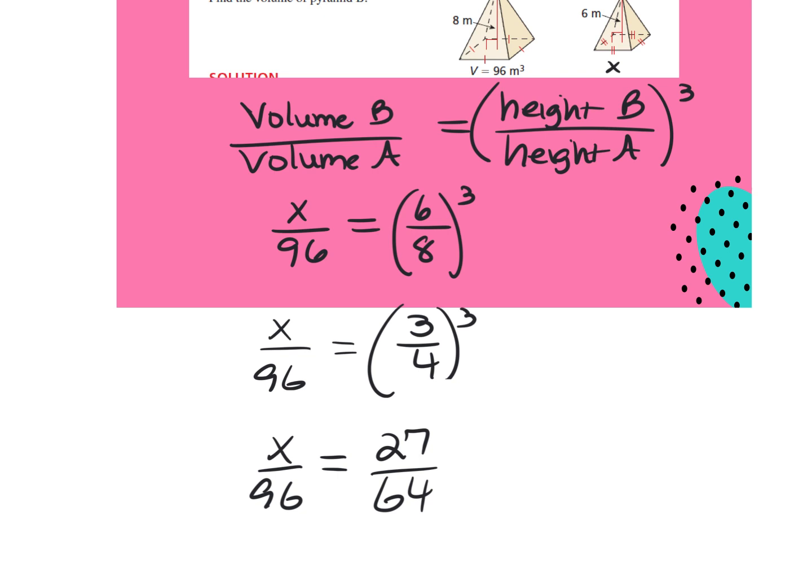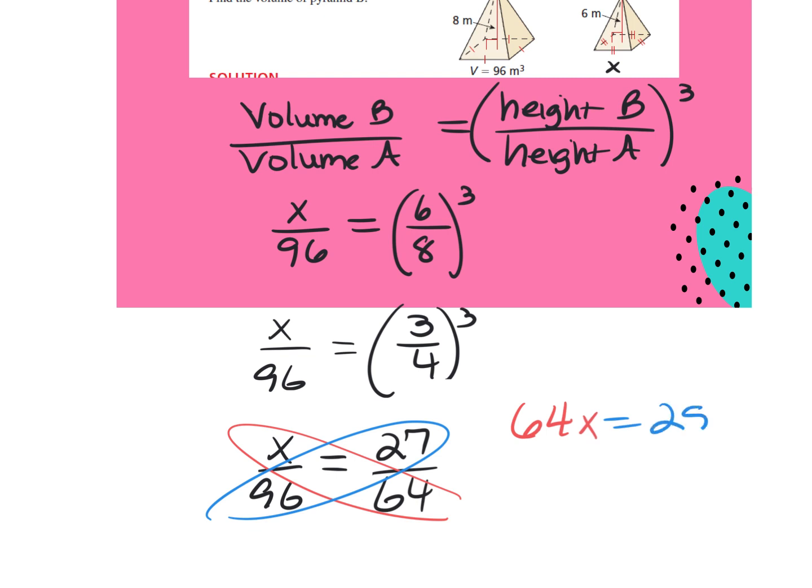And now I'm going to cross multiply. So I'm going to multiply 64 times X, and then 96 times 27. And I get 2,592. Divide both sides by 64. And X is equal to 40.5.